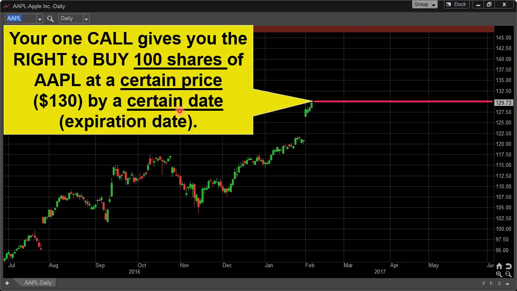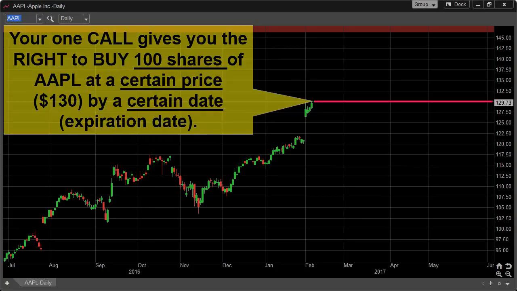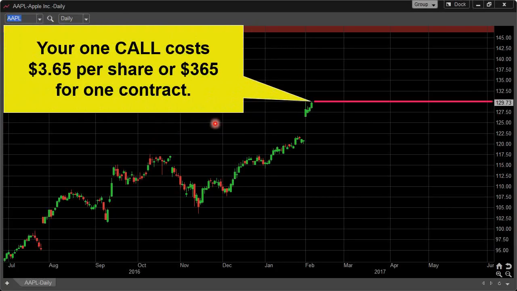Okay? So now it does cost something, obviously, buying a call. Your one call costs $3.65 per share. So since we're controlling 100 shares of Apple, 100 shares times 3.65 is $365 for this one contract. Now, of course, if we chose a different expiration date or a different strike price, the price would not be $365, it would be different.